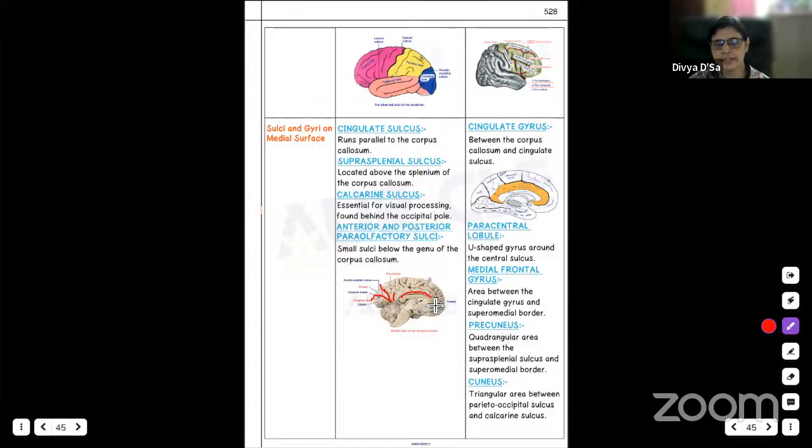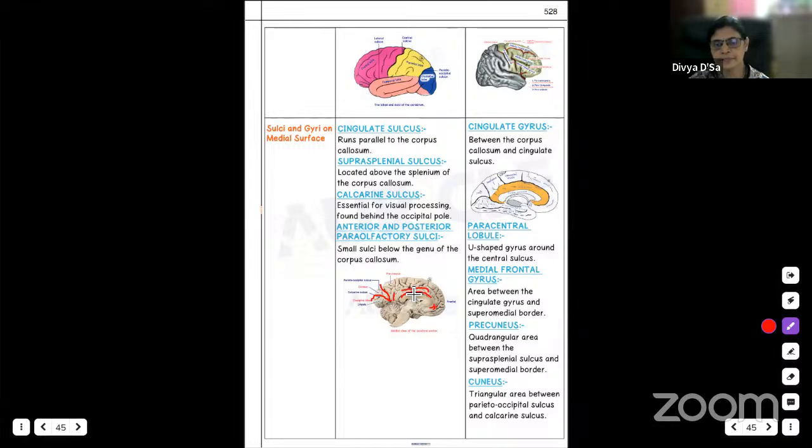Then in front of the genu, there are two small sulci known as the anterior and posterior para-olfactory sulci. Now, the cingulate gyrus is the gyrus between the corpus callosum and the cingulate sulcus. This sulcus here is the callosal sulcus, this is the cingulate sulcus, and this is the cingulate gyrus.